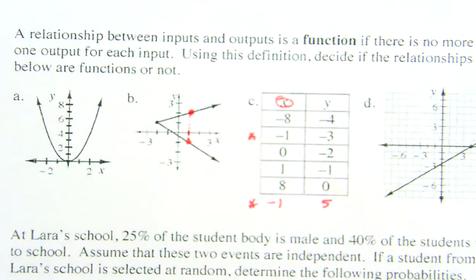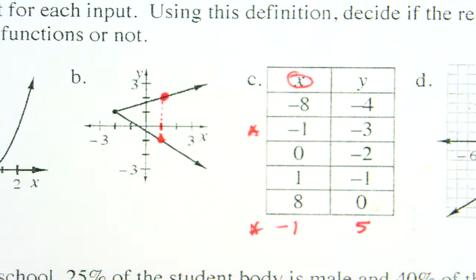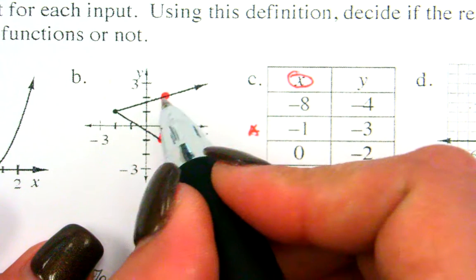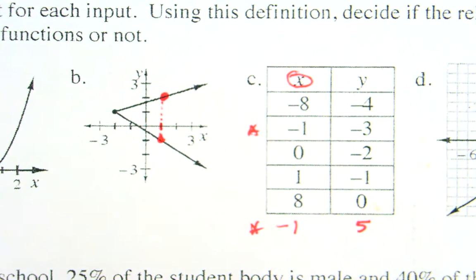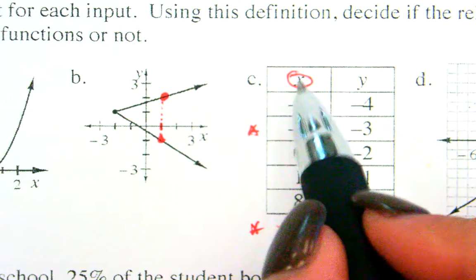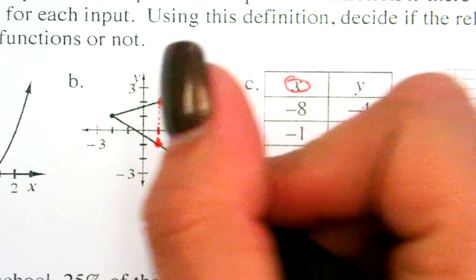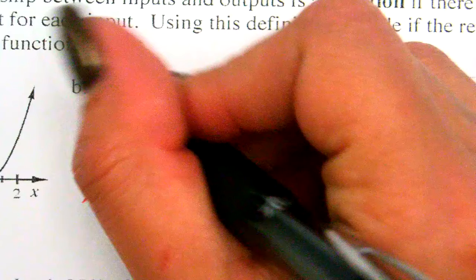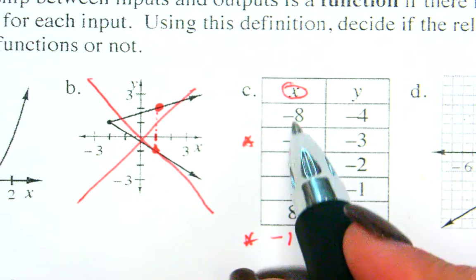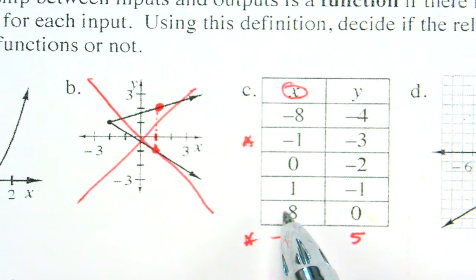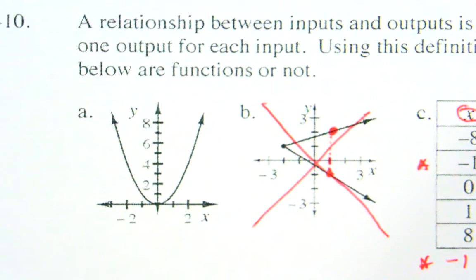That's inconsistent. This output and this output have one input for X. So B is not a function. C is a function because all the numbers they gave us work out just fine.